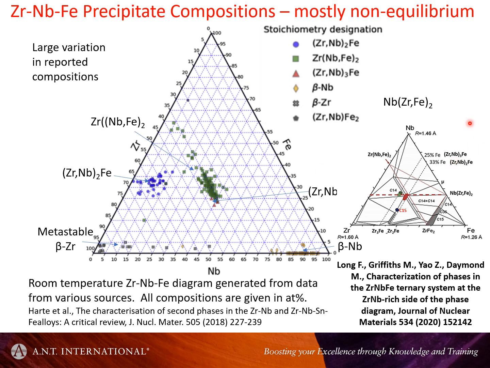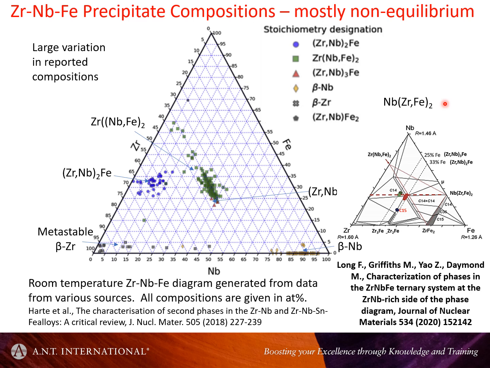So one of the more interesting studies more recently that I was involved in is the isolation of the stable zirconium niobium iron phase. Based on our studies, it turns out that rather than being based on ZrNbFe2, a better designation for that phase is NbZrFe2.